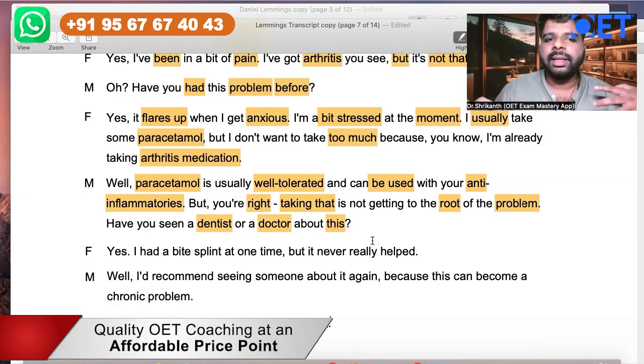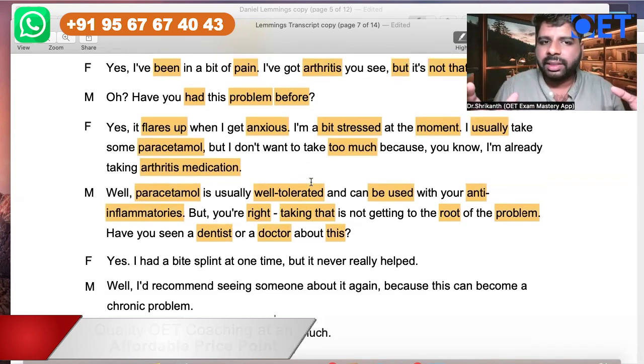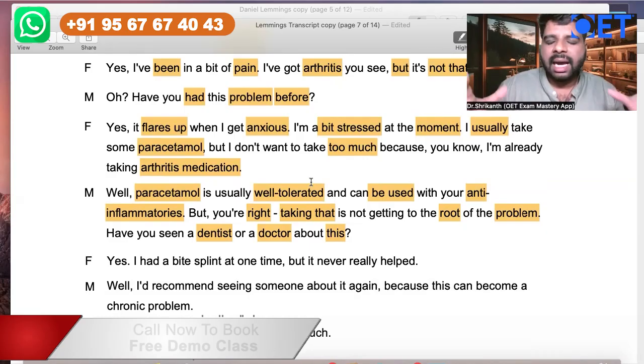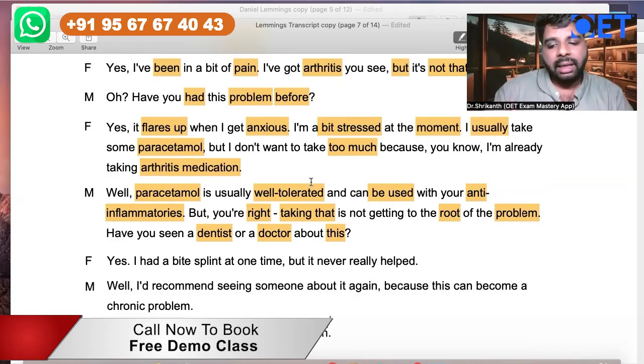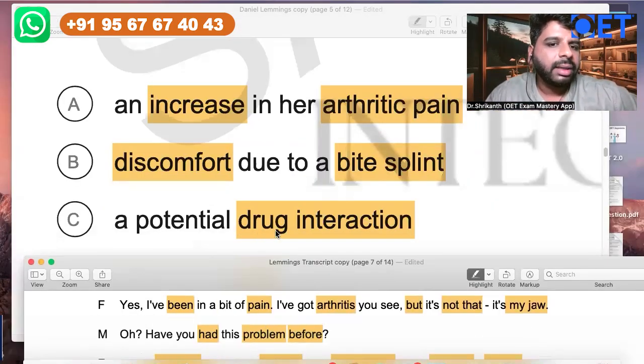Okay, but what is he saying? What is the solution coming from the person? Now this is the problem over here. So she's saying, I'm a little bit stressed. Presently, I'm feeling stressed because I believe that if I take arthritis medication and paracetamol, something bad might happen. Okay, so what is that? It is potential drug interaction, right?